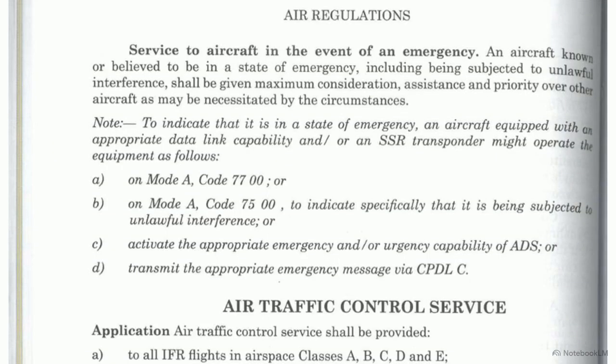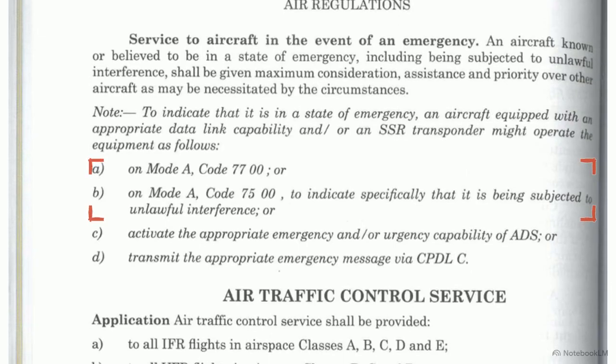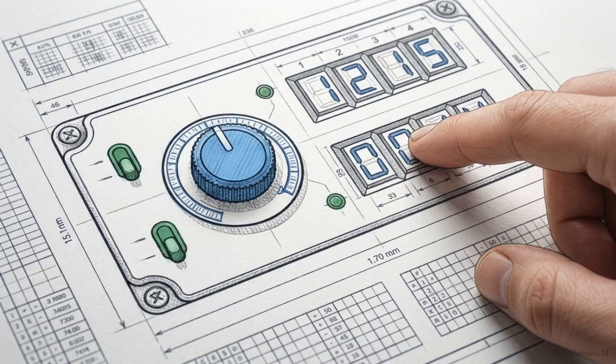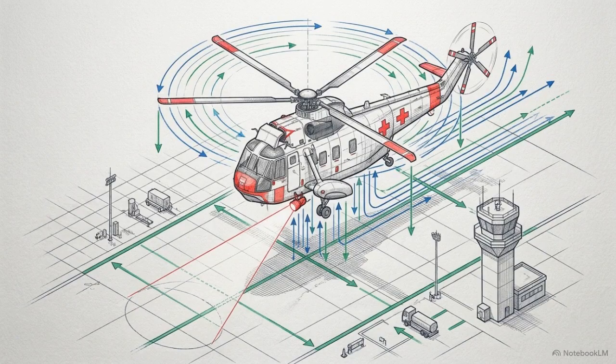You alert the service by transmitting specific transponder codes. 7700 indicates a general emergency, while 7500 specifies unlawful interference. By relying on strict time limits and specific squawk codes, the system removes human hesitation, allowing rescue coordination centers to deploy emergency resources the second a threshold is crossed.